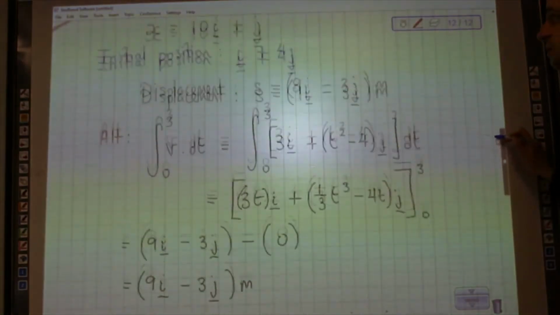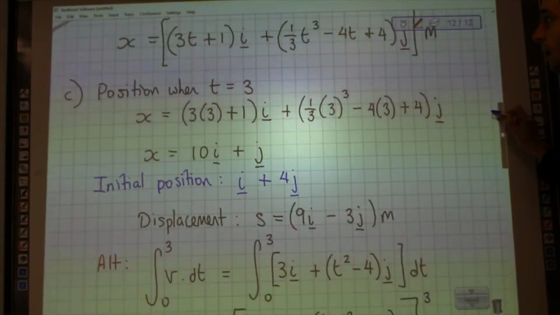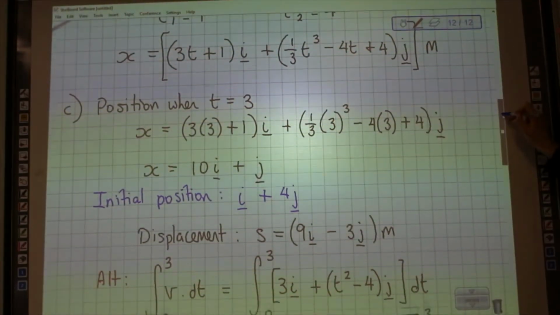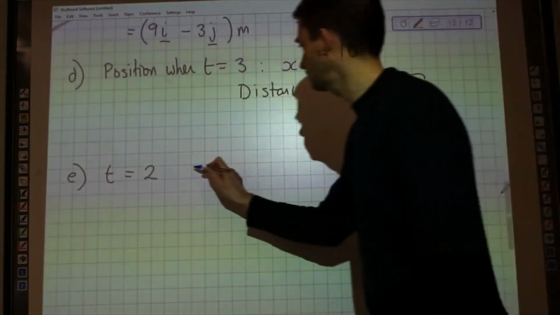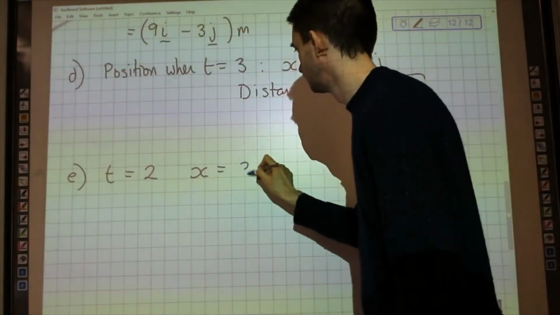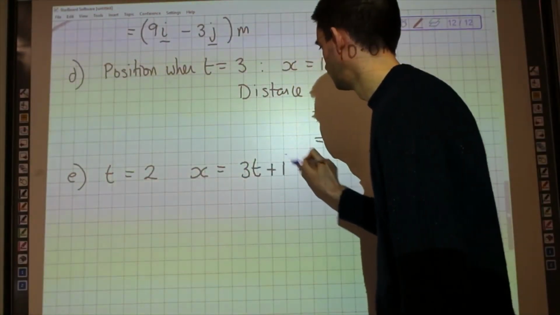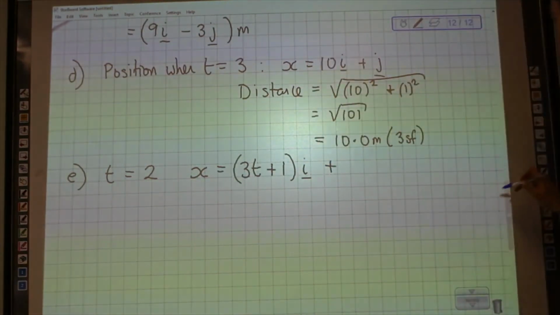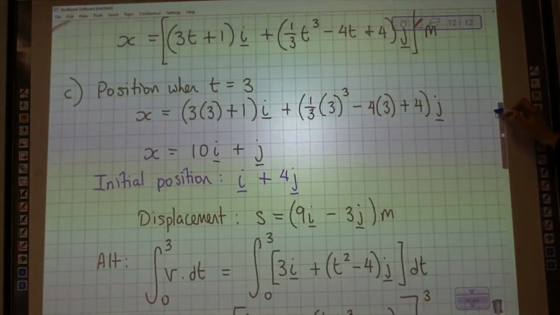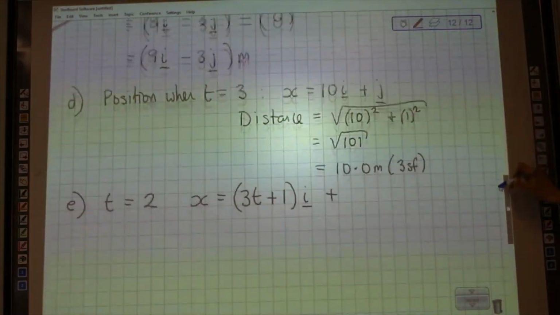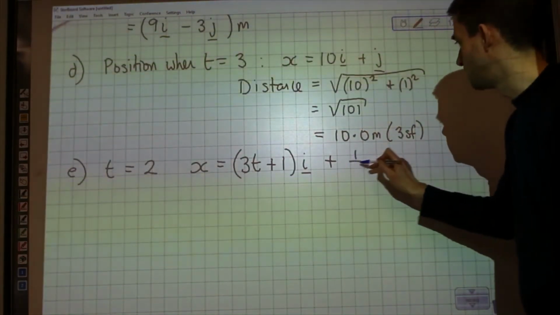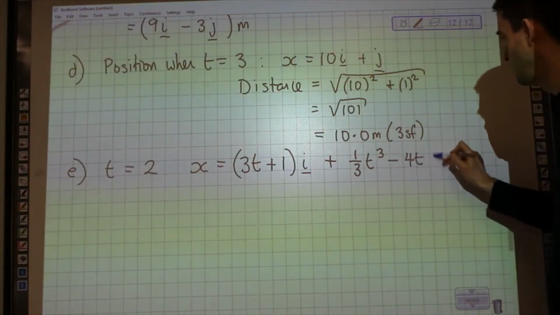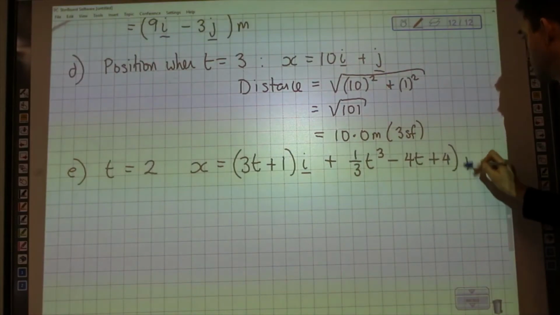So my position vector was the one that I worked out here, 3t plus 1 i, plus, I think it was 1/3 t cubed minus 4t plus 4, yes it was, so it's 1/3 t cubed minus 4t plus 4 j.